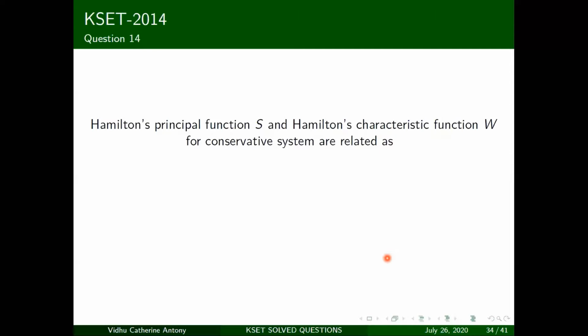So let's quickly go through this. The Hamilton's principal function is called the action. This is how you describe an action: the integral of the Lagrangian with respect to time. Your Hamilton's principal function is basically an action.